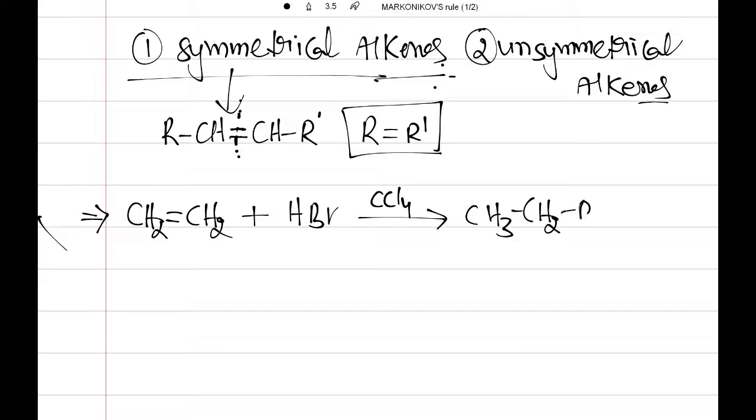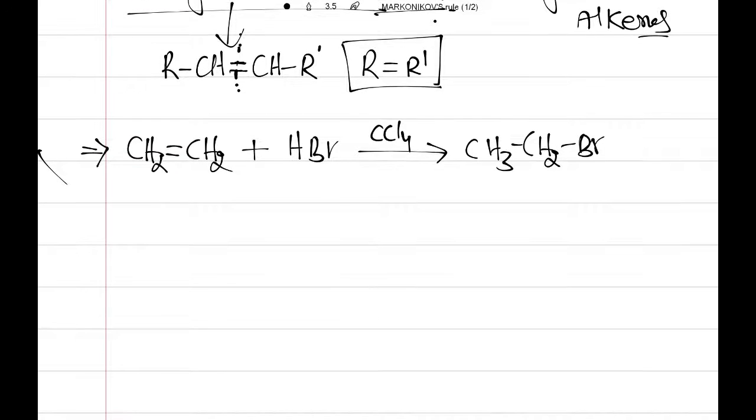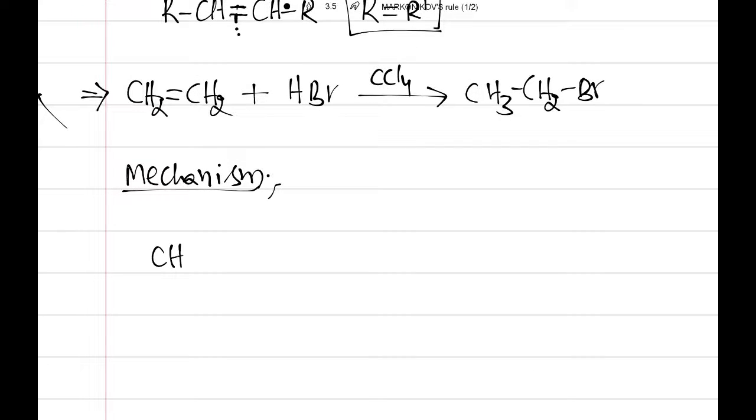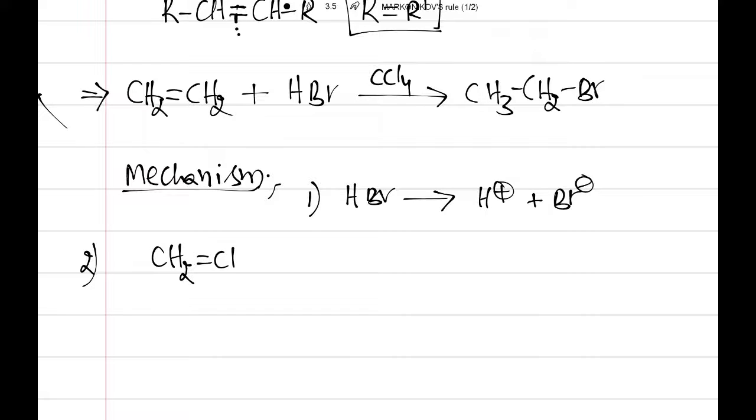If you look at the mechanism of this reaction, in the very first step, HBr in the presence of CCl4 dissociates as H plus and Br minus. In the second step, we have the alkene, CH2 double bond CH2.